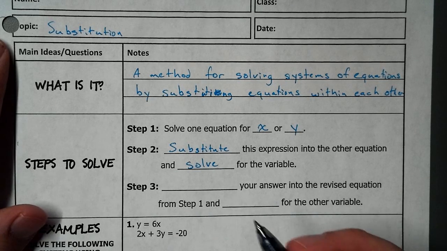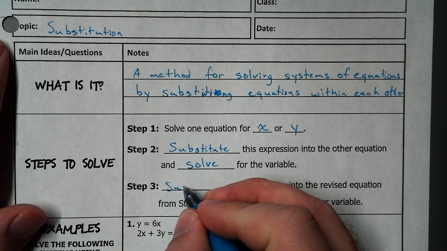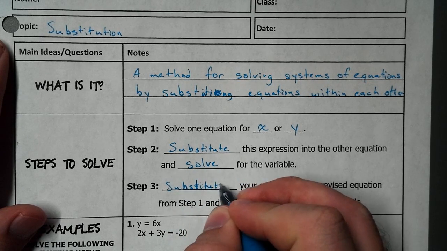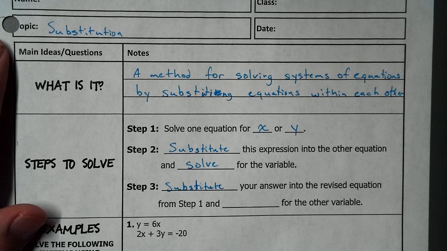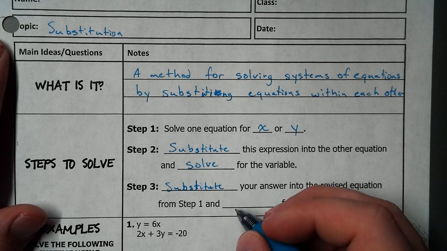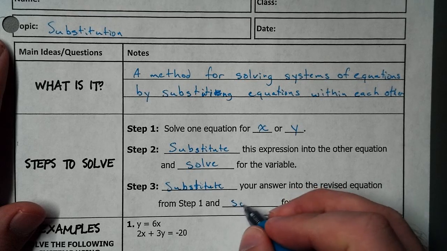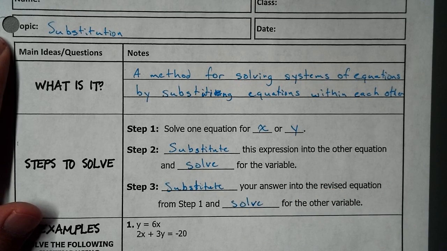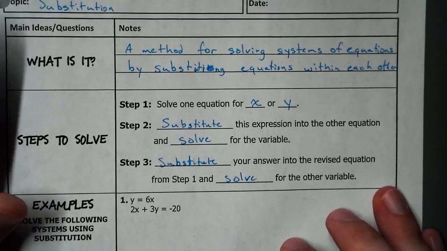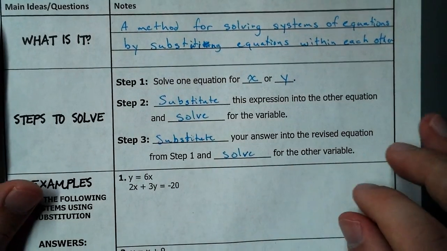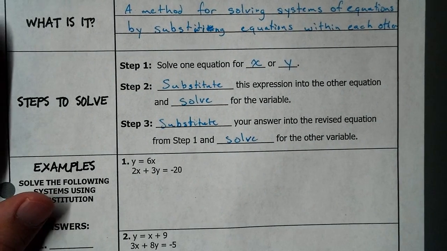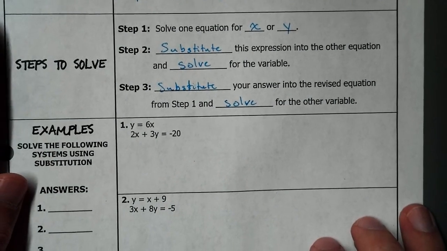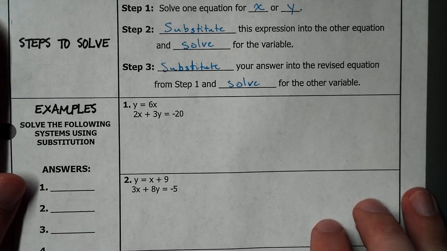And then you're going to substitute your answer into the revised equation from step 1, and you're going to solve for the other variable. So you're basically going to set it equal to either y or x and solve for that, and then you plug it into the other one to solve for the other one. You will still get an x comma and a y comma, so we're going to solve for both x and y to get our point.